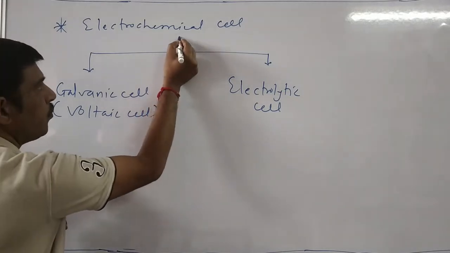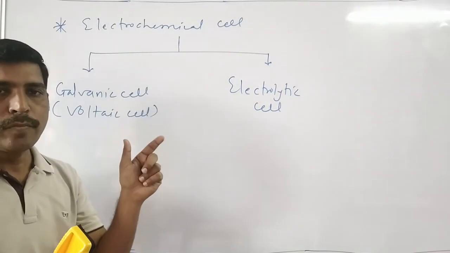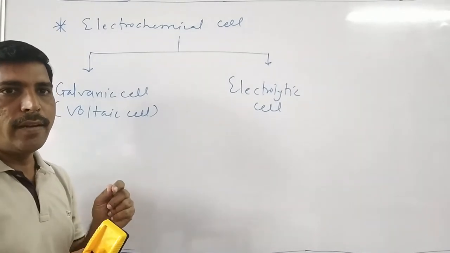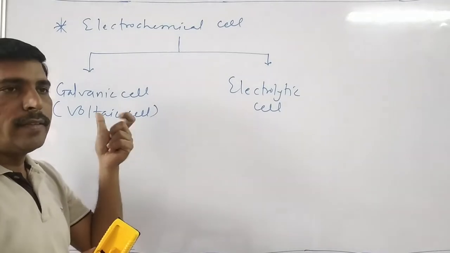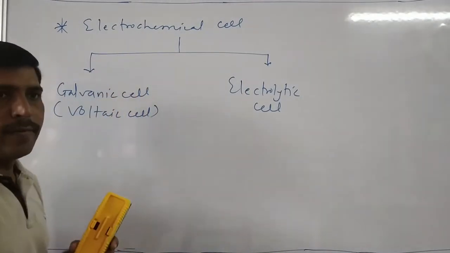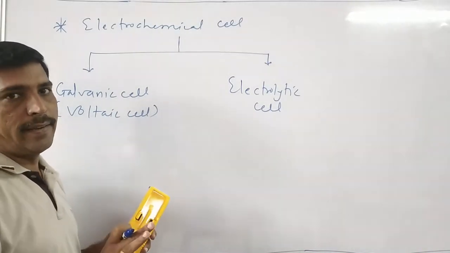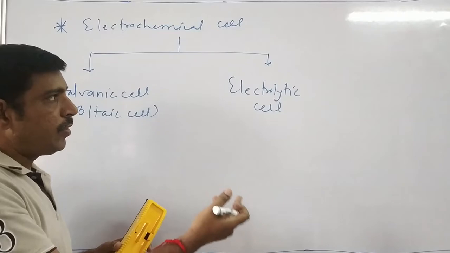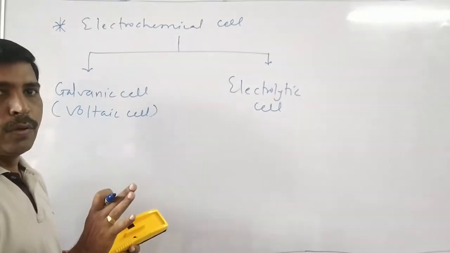See, here our very important point is the electrochemical cell, because this chapter is divided into different points. Electrochemical cell is a very important point for this chapter. So an electrochemical cell is a simple device that studies chemical reactions electrically. Okay, that means there is involvement of chemical reaction and electric current too.